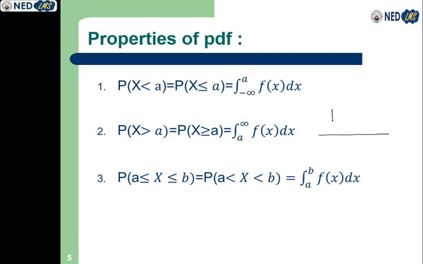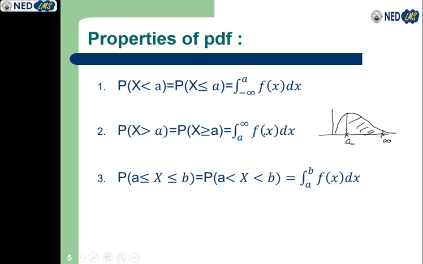If we are going to find the probability that x is greater than or equal to a, then a to infinity is the whole area, integrate a to infinity of f of x.